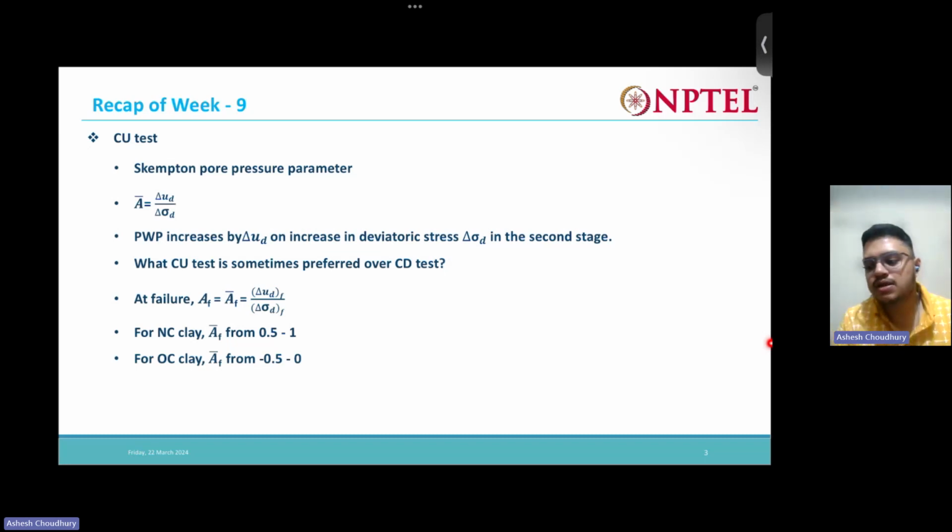But in the end, everything depends upon the engineer, where you are going to use the values of c and phi. That depends on what test you are going to do, whether it is going to be an undrained test or a drained test.